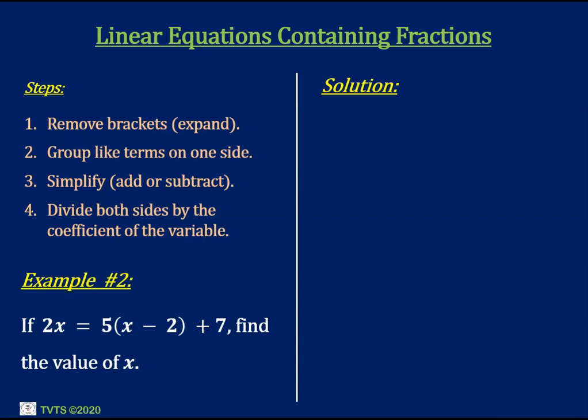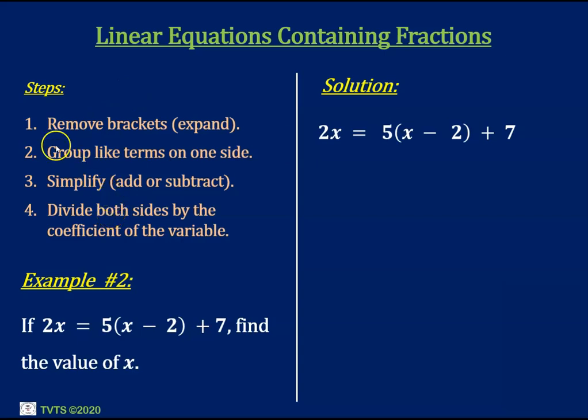We have the equation 2x is equal to 5 into bracket x minus 2 plus 7. In this case, we have the bracket at the right hand side. But as said earlier, the steps are the same.